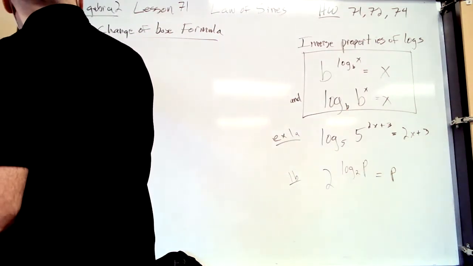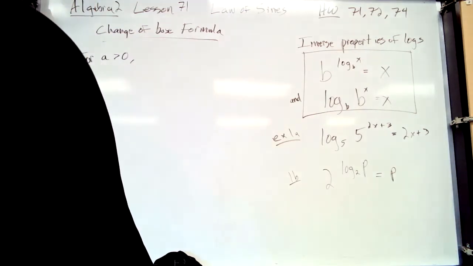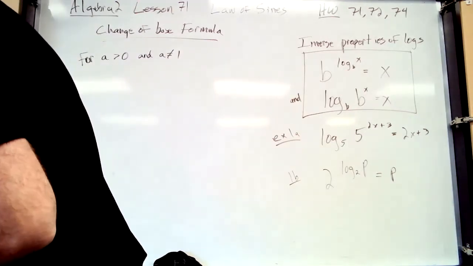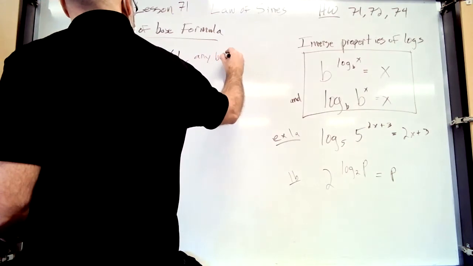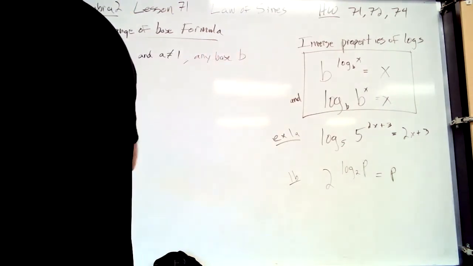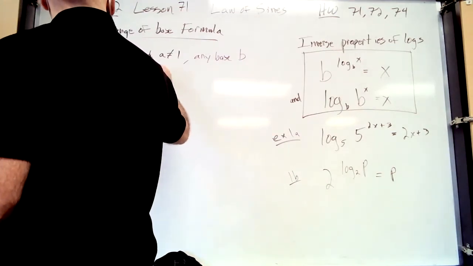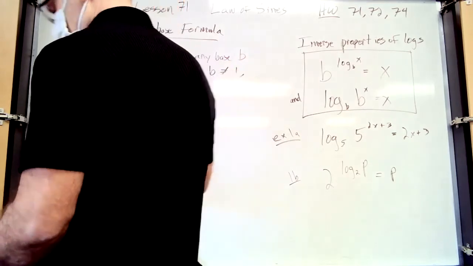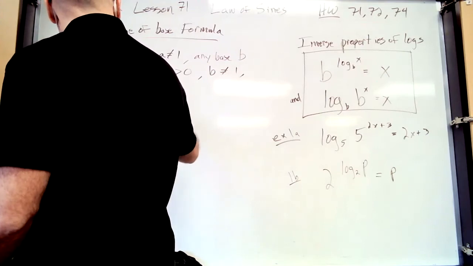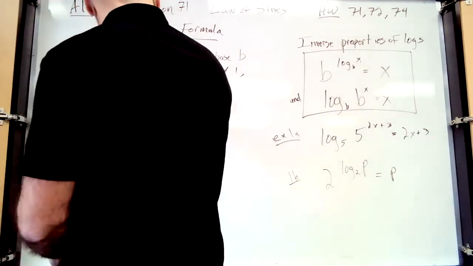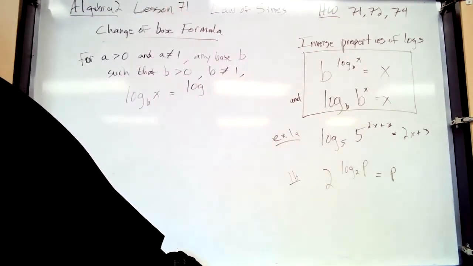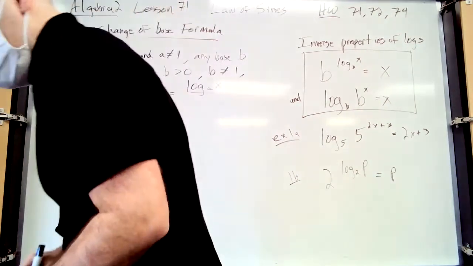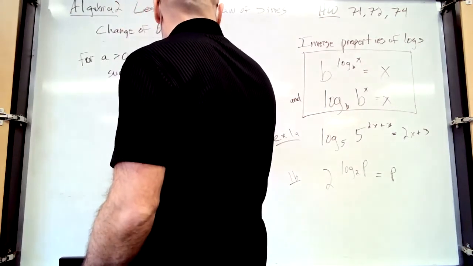So for any a greater than 0 and a not equal to 1, any base b, we'll call it b, such that b is greater than 0 and b is not equal to 1, log base b of x equals log base a of x divided by log base a of b.